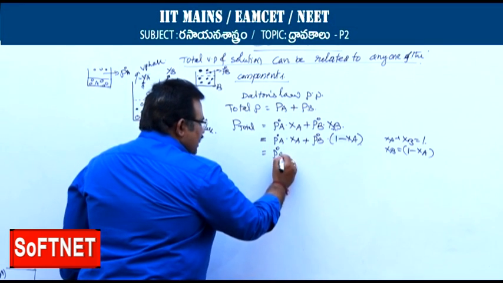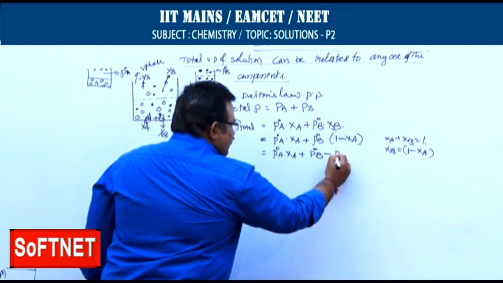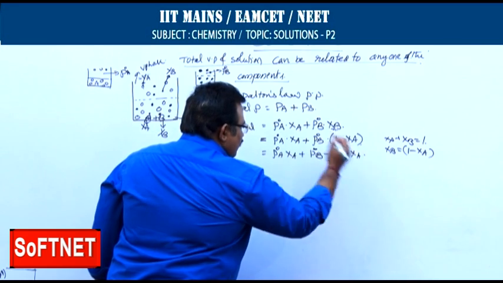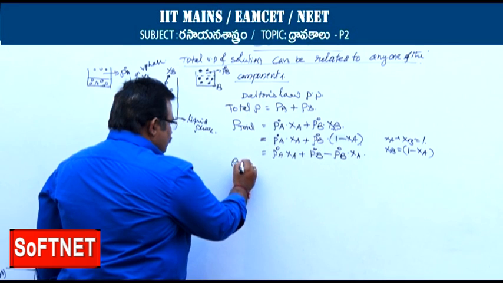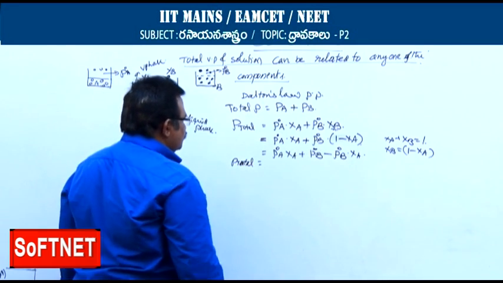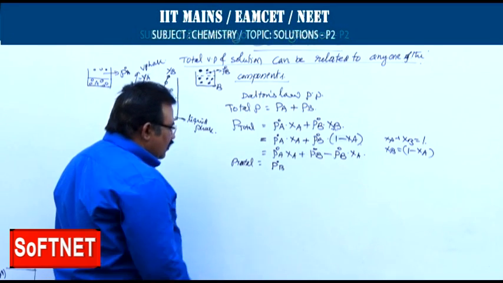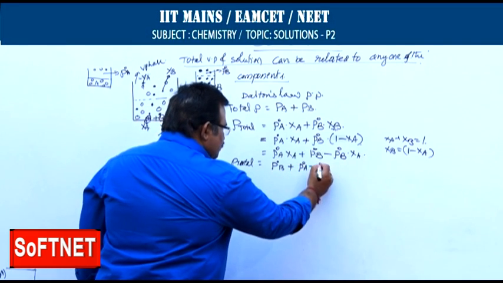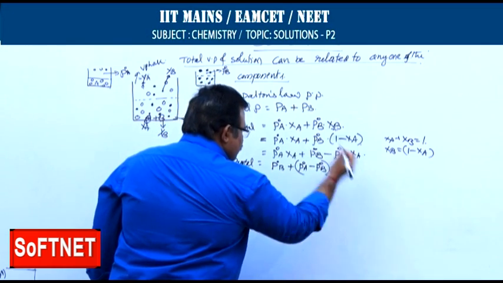So, P0 A XA plus P0 B minus P0 B into XA. So, P total is equal to P0 B plus P0 A minus P0 B into XA.